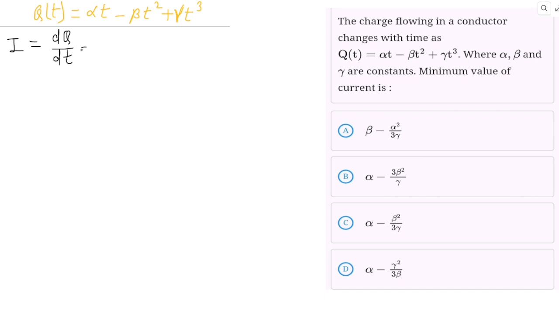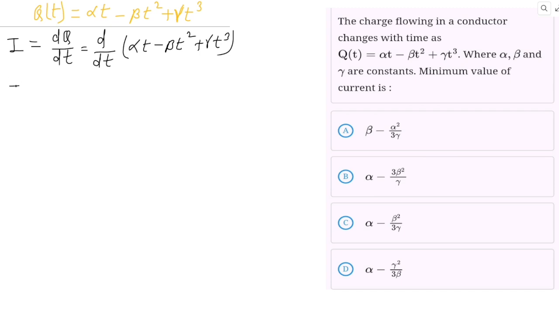This will be the current. And here we have to put the value of q from the given equation. So it is d by dt of q. And what is q? q is alpha t minus beta t square plus gamma t cube. Okay.